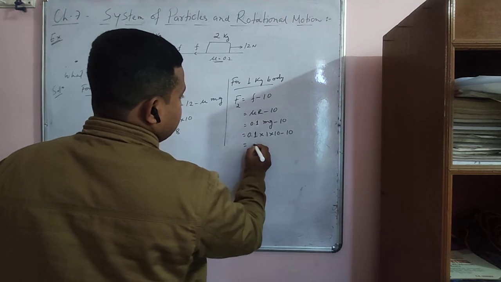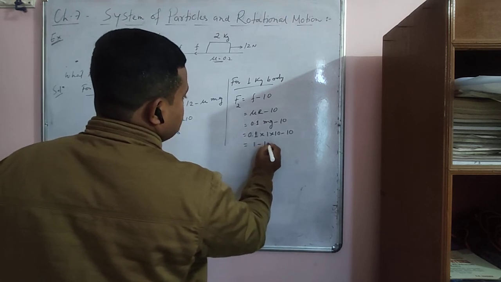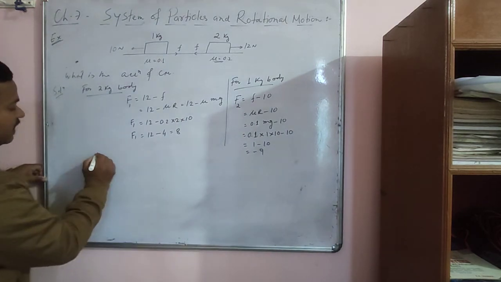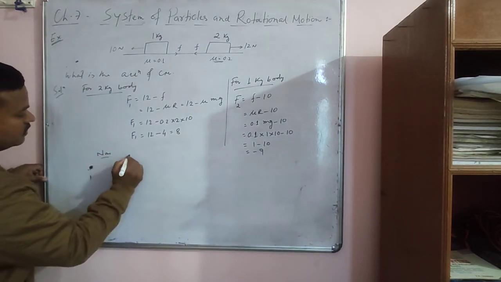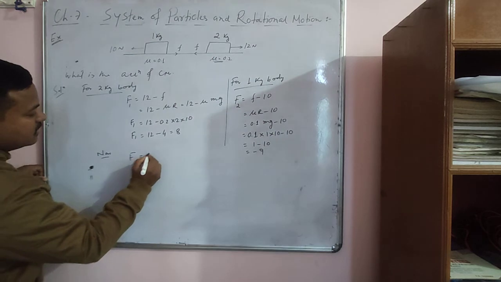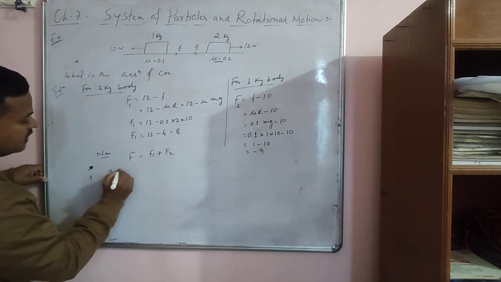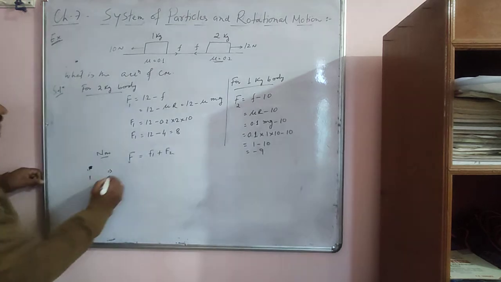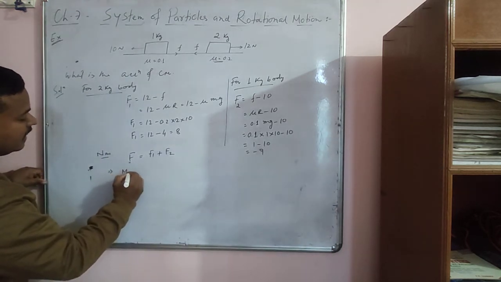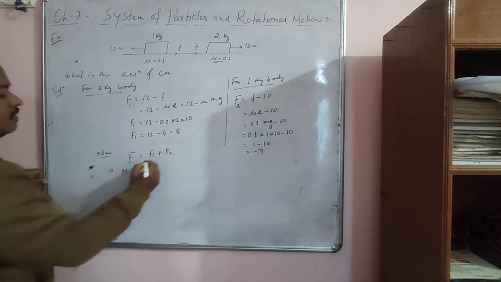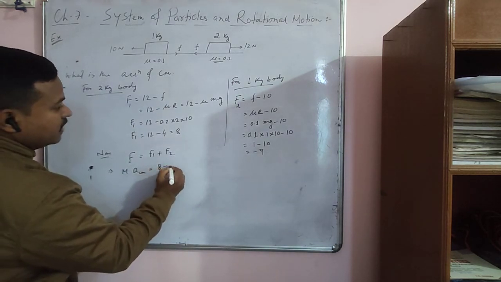So it is 1 minus 10, that is minus 9. So we got the values of F1 and F2. Now total force is equal to F1 plus F2. Total force is nothing but the force applied on the center of mass, so you can write it as m times the acceleration of center of mass. That is here 8 minus 9.